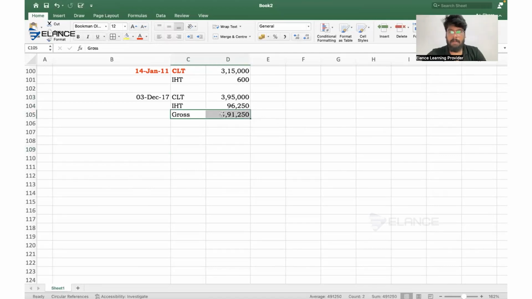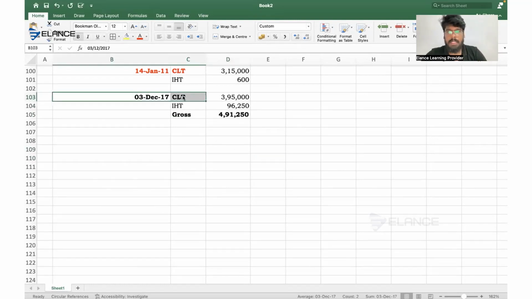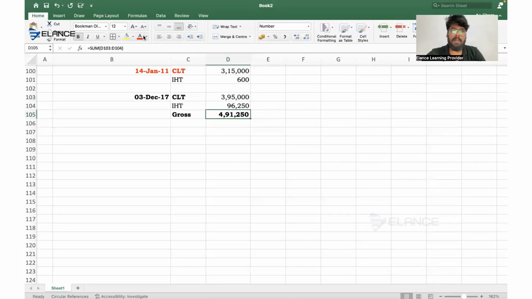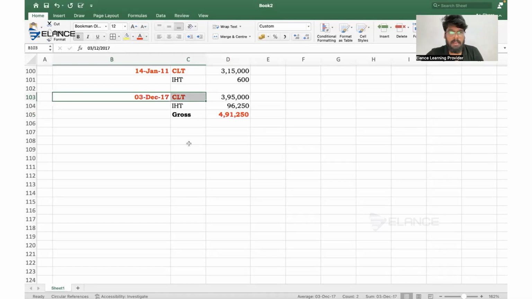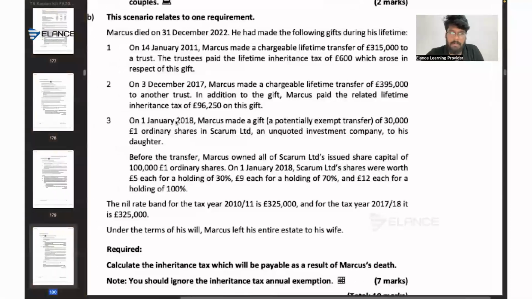After making this transfer, if the donor dies within 7 years from the date of transfer, this will be chargeable again, and it will be taxed on 491,250. On the gross amount we will compute the tax on death. So we have found the gross transfer amount, and let us move to the next transfer.